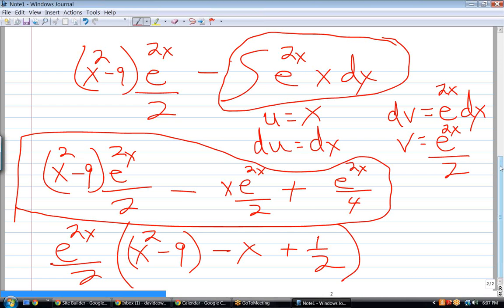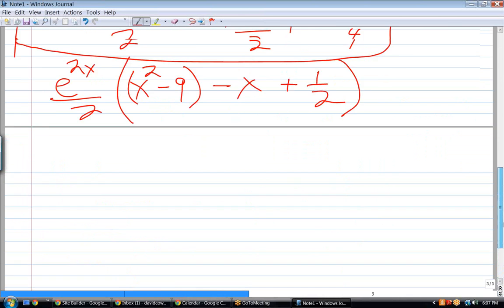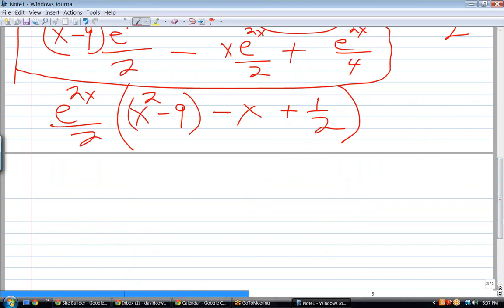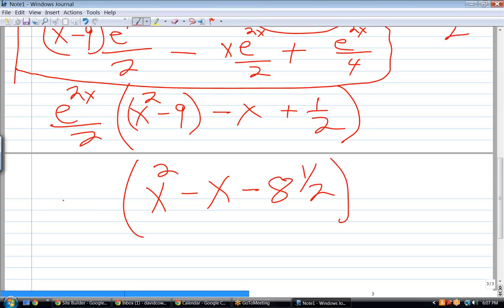Now we can question whether the next step makes sense or not. In other words, does it make sense to combine the minus 9 and the 1/2 and make that read x squared minus x minus 8 1/2, all times e to the 2x over 2?